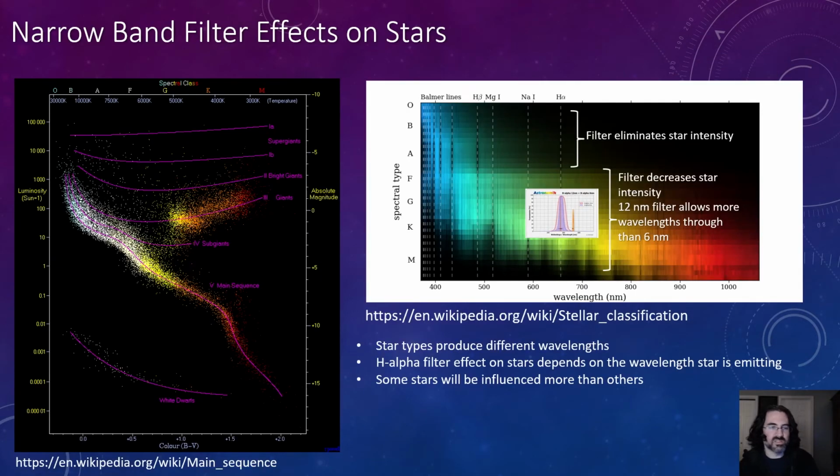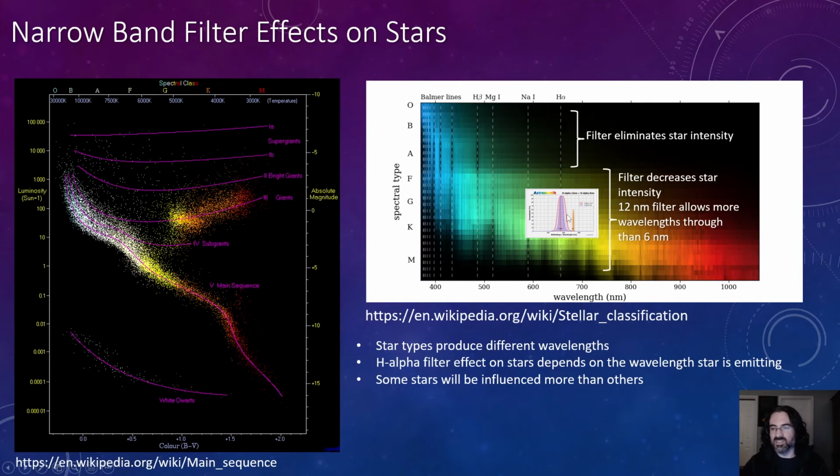So why do we see some of these effects, and should it affect all stars the same way? Well, when you look at Wikipedia, they have some great examples of the wavelengths that stars emit as a function of the type of star. Some stars emit much more blue, some emit a lot more red colors all the way out into the near infrared.